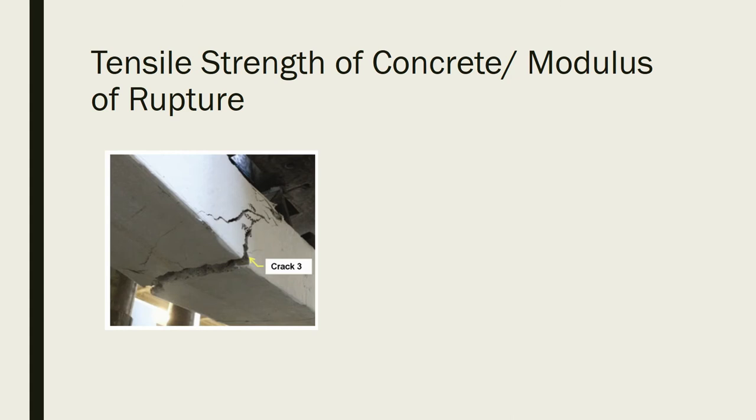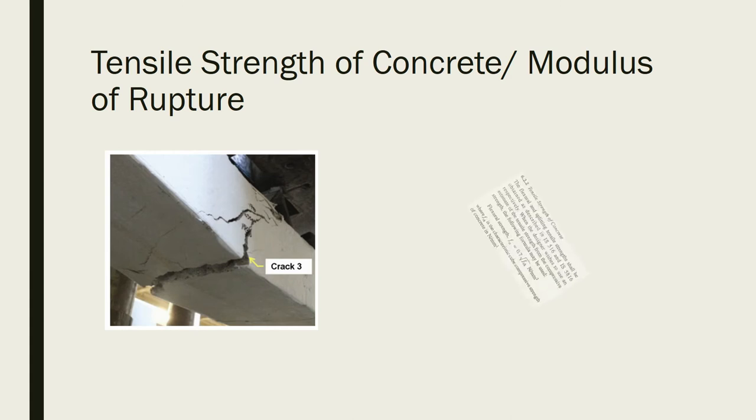While designing, if the stress at a certain point of the member is found to be more than a particular stress, there might be a possibility of crack. So what is that particular strength you need to find out? That is called the tensile strength of concrete.